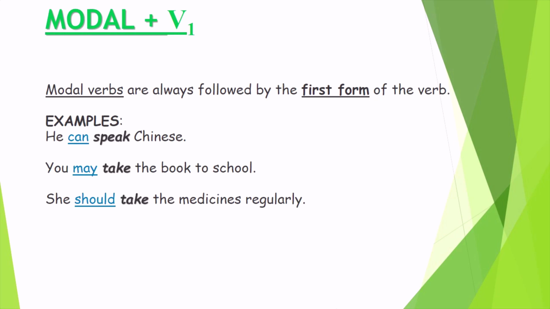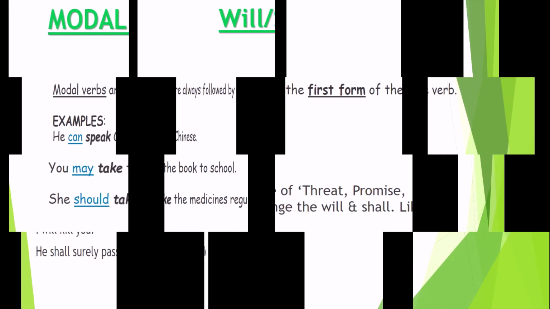Here with can I have used speak as the verb, so it's verb first form, and can is used in the place of a helping verb. Helping verbs of tenses are like has, will, shall, or even is, am, are. So in the place of a helping verb we are using a modal, and with the modal I am using verb first form. Another example: you may take the book to school and she should take the medicines regularly. So this is the way we use modals in a sentence.